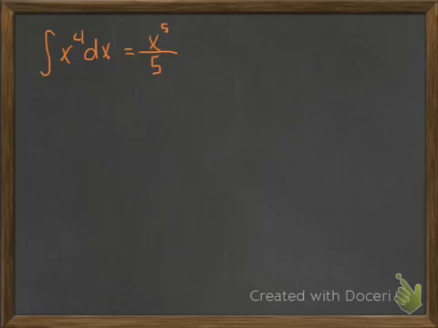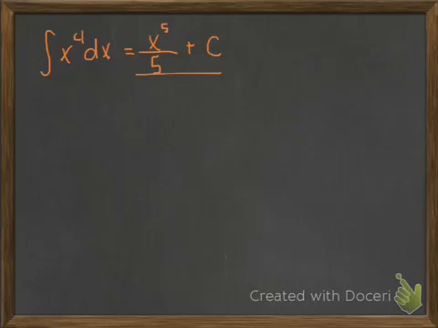There we are. And then we need to encapsulate all other possible numbers that are going to be with this, so we're going to add plus c, because we need that constant to represent any other number that can be added to this function. So this is the answer right here.